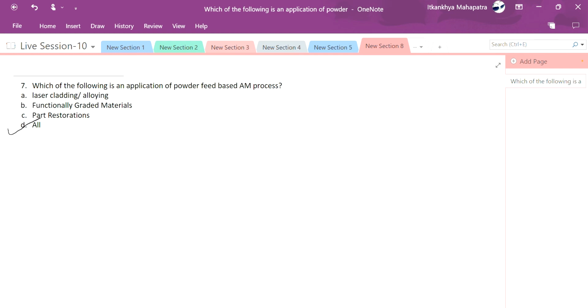Now these powder feed based processes have various applications.